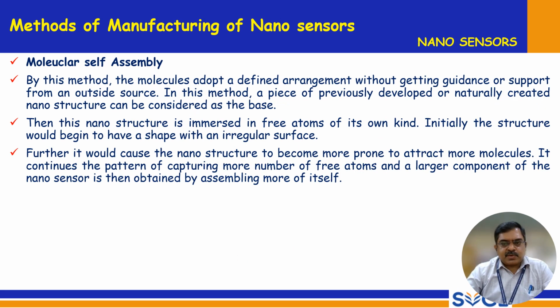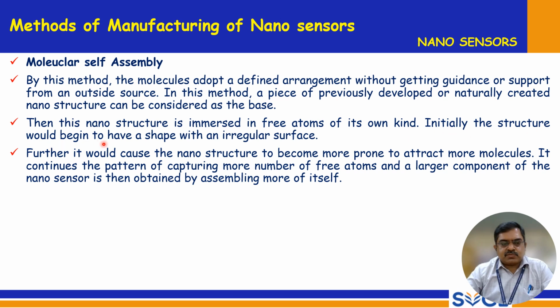So the next one is molecular self-assembly. By this method, the molecules adopt a defined arrangement without getting guidance or support from an outside source. In this method, a piece of previously developed or naturally created nanostructure can be considered as the base. Then this nanostructure is immersed in free atoms of its own kind.